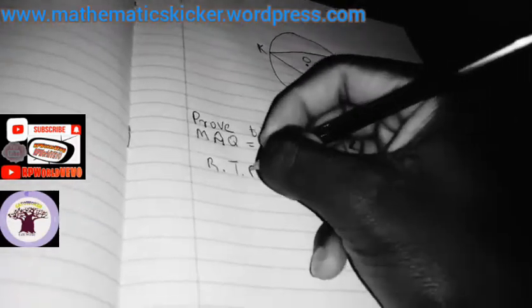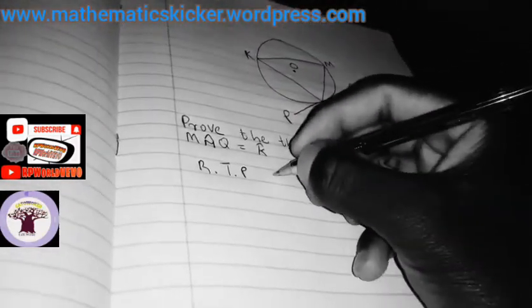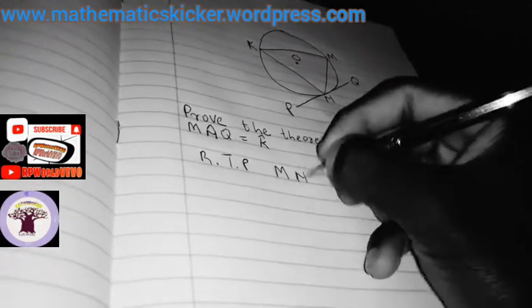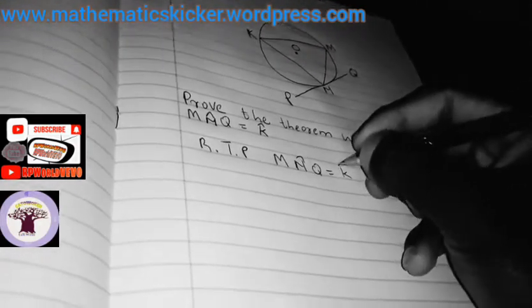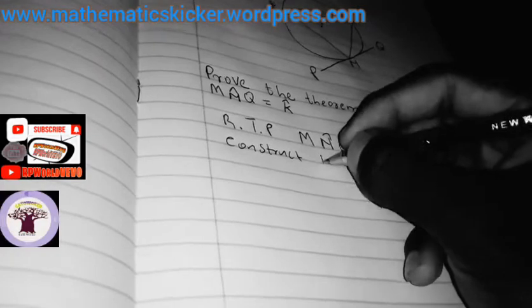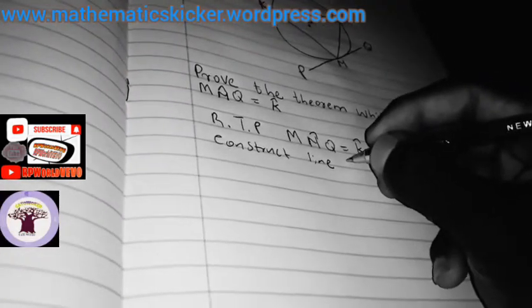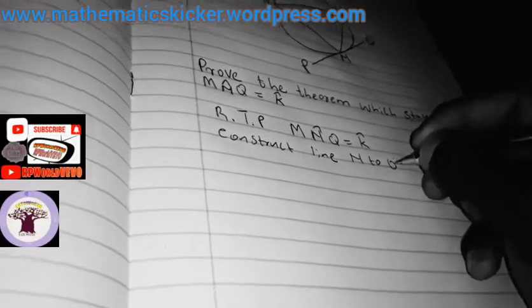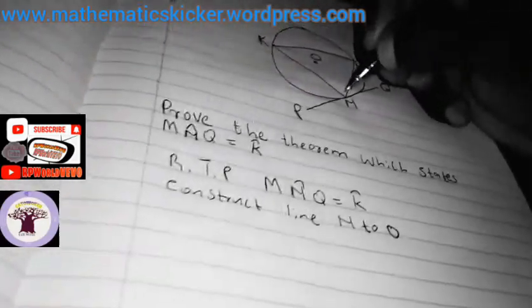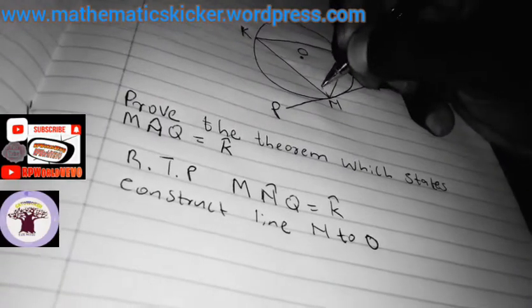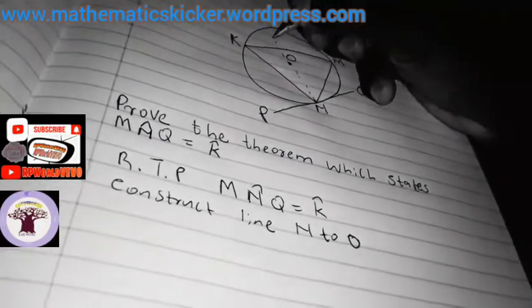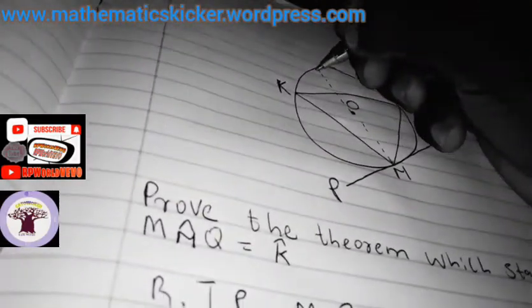Okay, let's prove our theorem. Write RTP: we are required to prove that angle MNQ is equal to angle K. First thing you must do is construct a line that passes through N to O, this line.